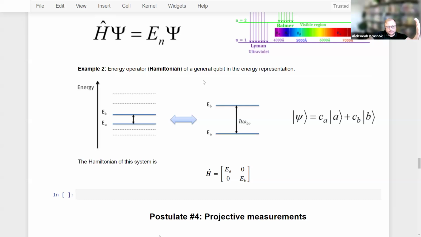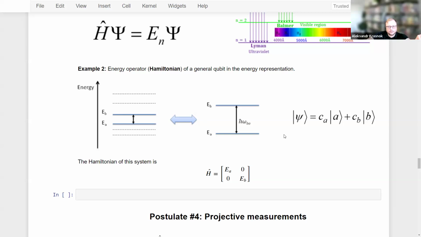Even a hydrogen atom has several energy levels in its spectrum. You can always restrict your consideration to just 2 of them. In this case, if you work only in the frequency spectrum that coincides with this particular transition, then the system will behave just as a qubit.